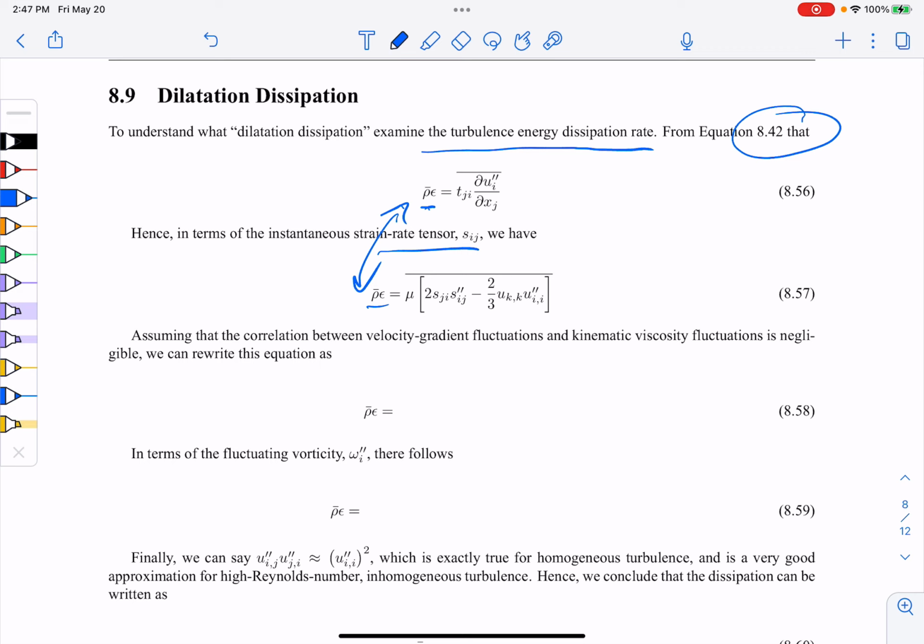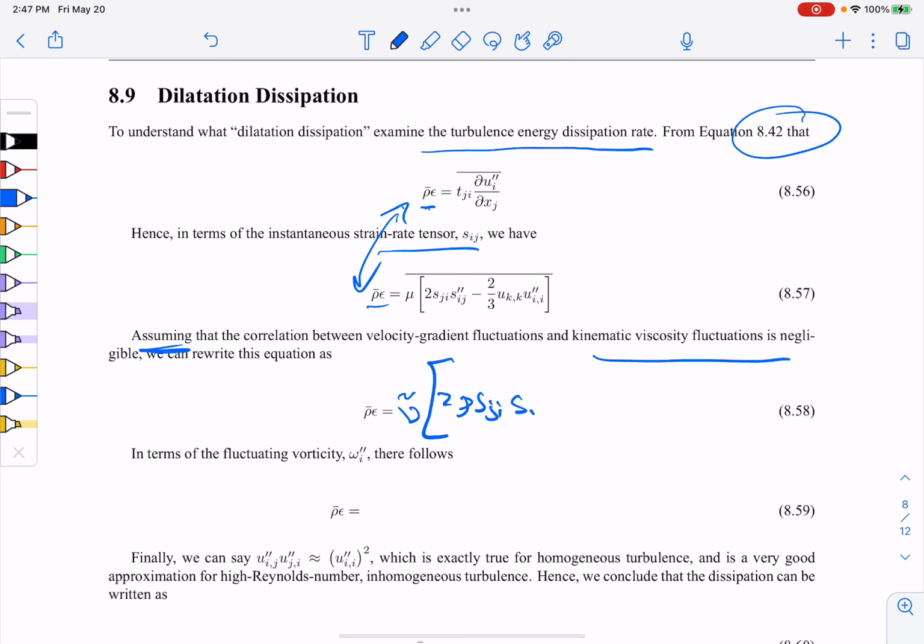So if we make an assumption that the correlation between the velocity gradient fluctuations and turbulent viscosity fluctuations is small, then we can rewrite rho epsilon as a Favre-averaged kinematic viscosity times 2 rho Sij double prime Sij double prime bar, minus 2/3 of rho uk double prime uk double prime.